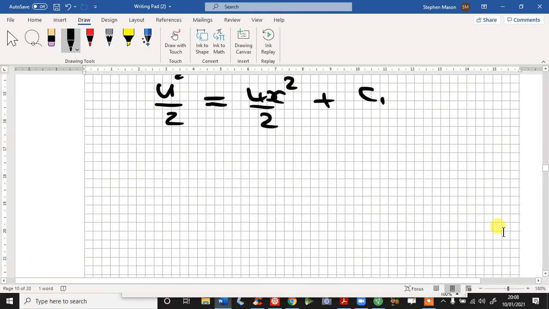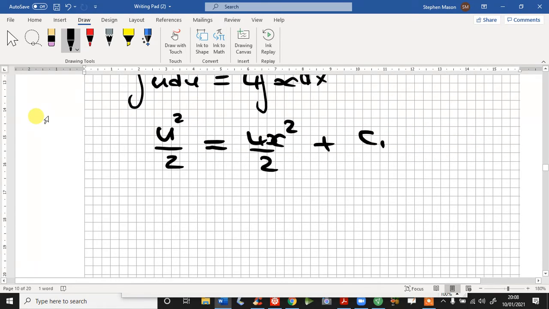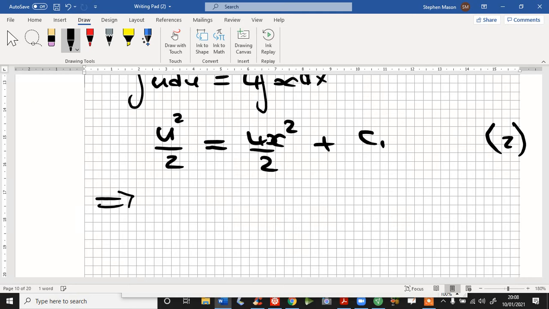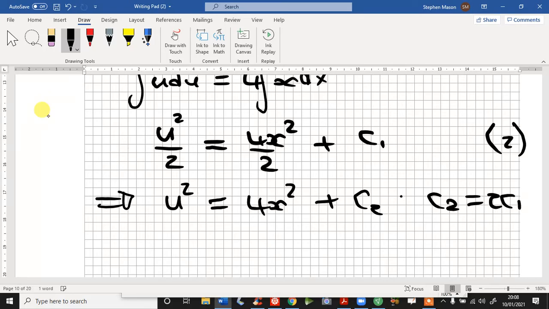Now, I'm just going to simplify this equation. We'll call this equation 2, by multiplying through by 2. So we get u squared on the left hand side. The two cancels here, so that we get 4x squared plus c2. C2 is just equal to 2 C1 there.